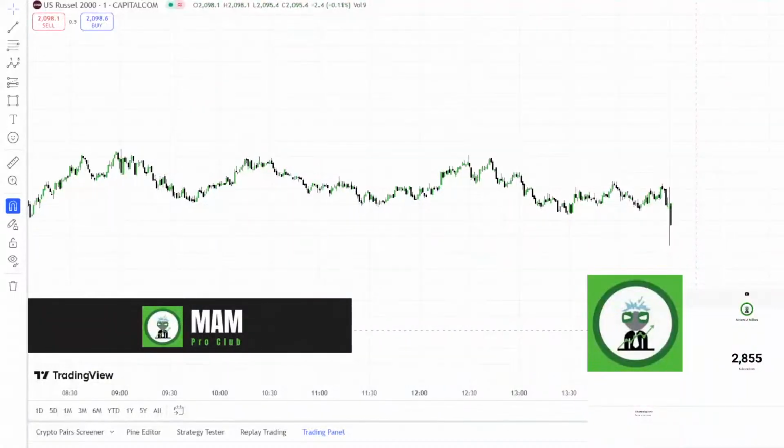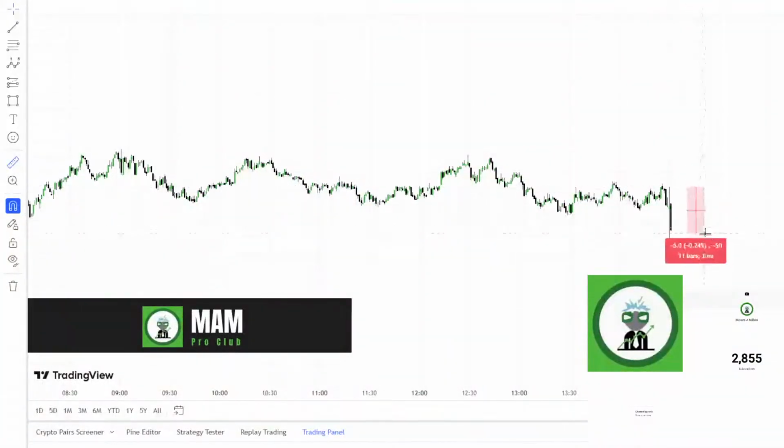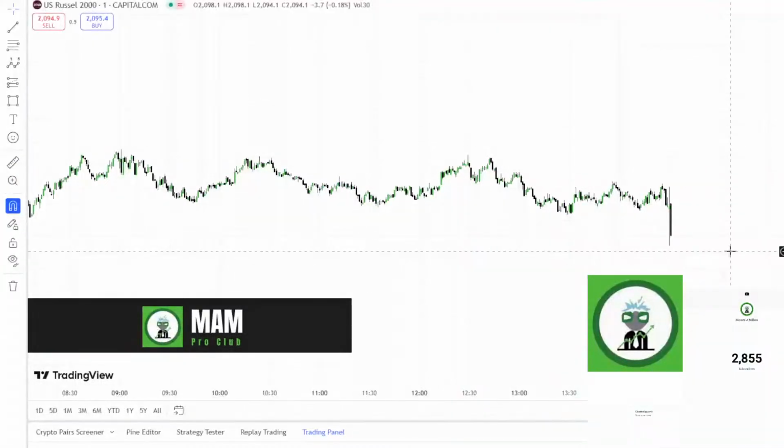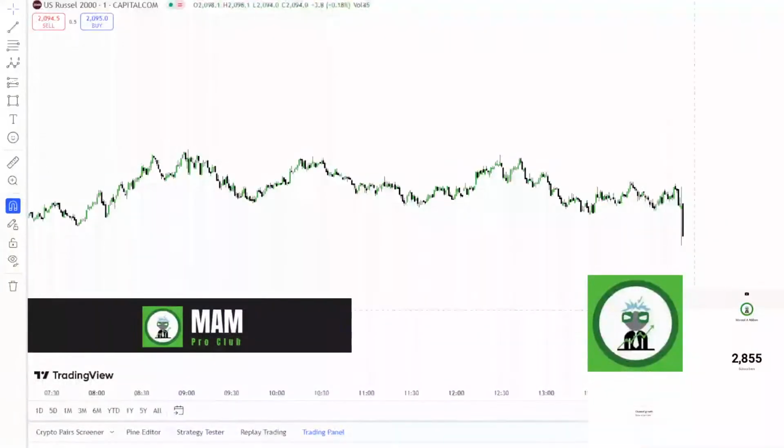Okay, well, we turned green. A lot of volatility over here. I mean, that's a move. What is that? Nearly 0.5%. Let's see what happens. We want this to turn green, ideally. If this turns green, then it's go time. It's pump Monday.